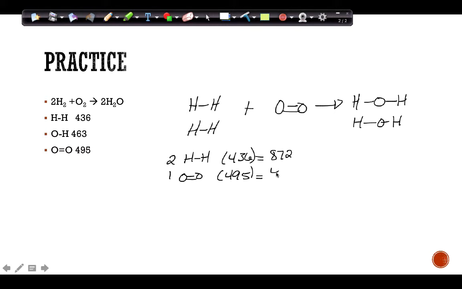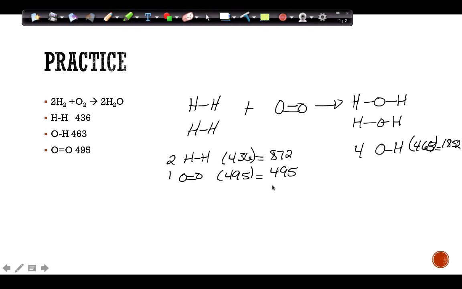So 1 times that would just give me 495. All right, so now let's go to this side. For water, I have 4. I have 1 bond here, 2 bonds, 3 bonds, 4 bonds. 4 of these. And each one is 463. So multiply 4 by this. I get 1852.